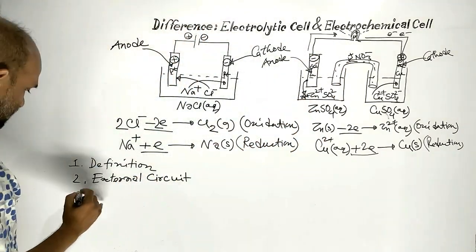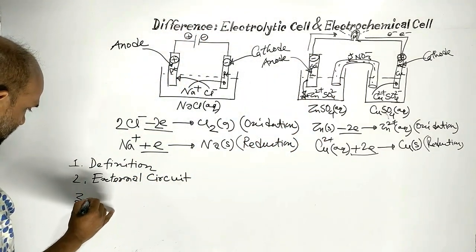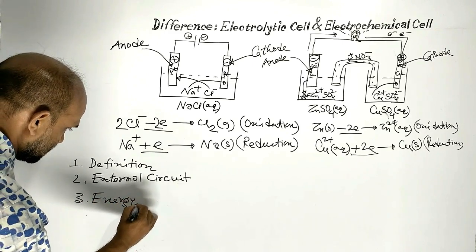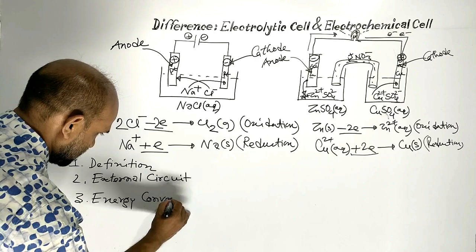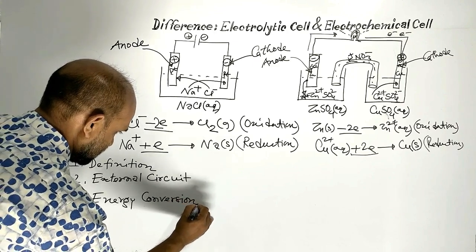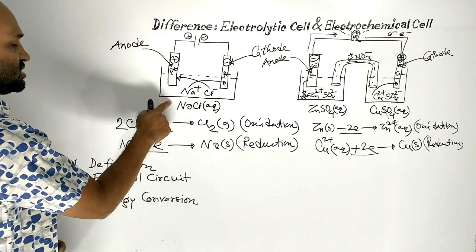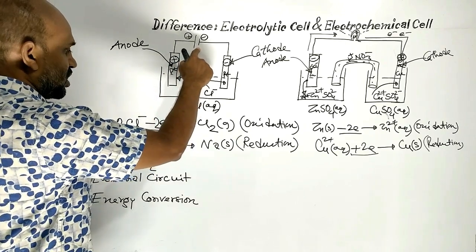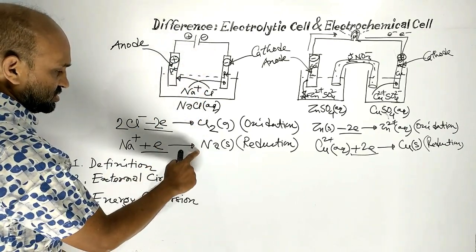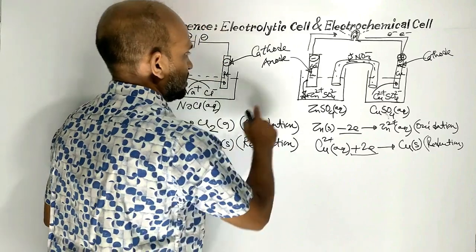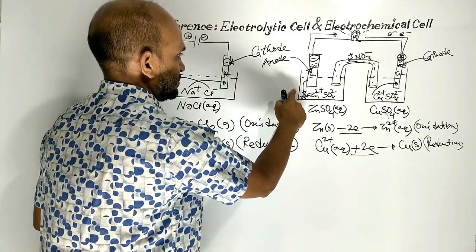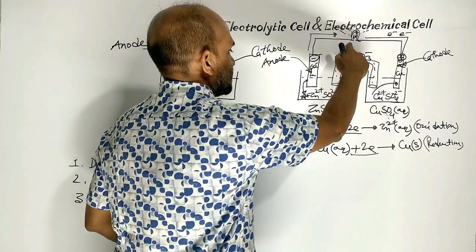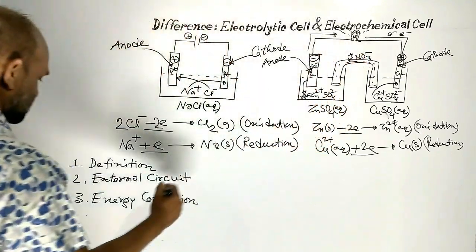Number three, energy conversion. In electrolytic cell, electrical energy converts to chemical energy, but in electrochemical cell, chemical energy converts to electrical energy.